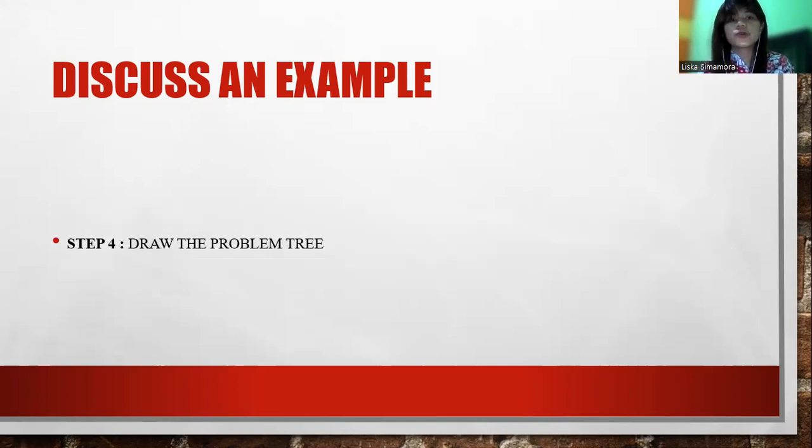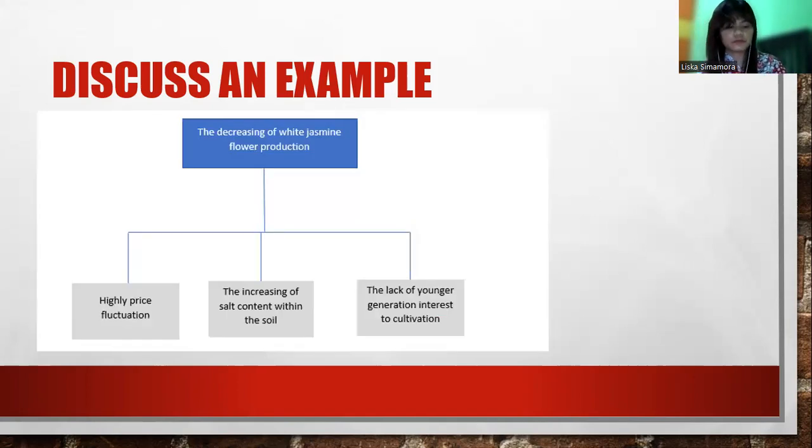And the fourth is to draw the problem tree. The first step is to identify why the white jasmine flower production keeps decreasing. Then step 2, identify the causes. There are 3 causes that lead to the decreasing of the white jasmine flower production.